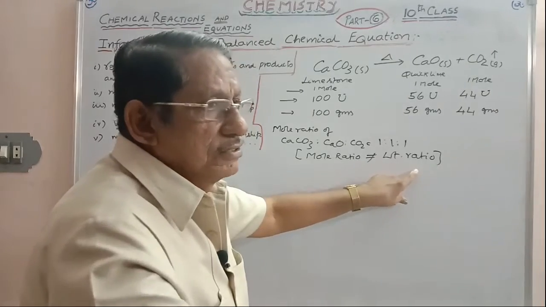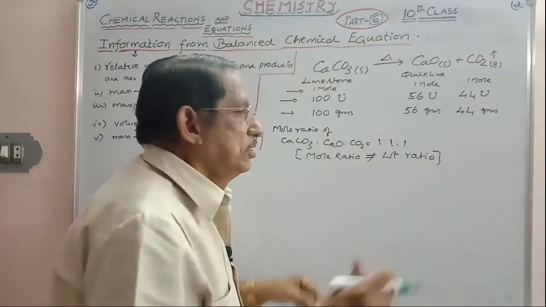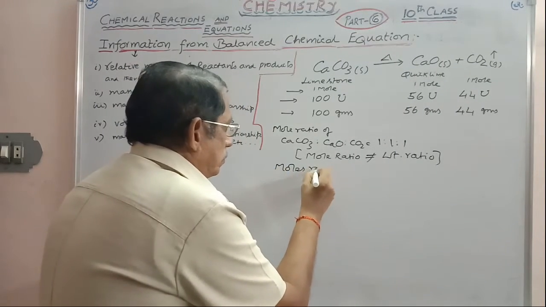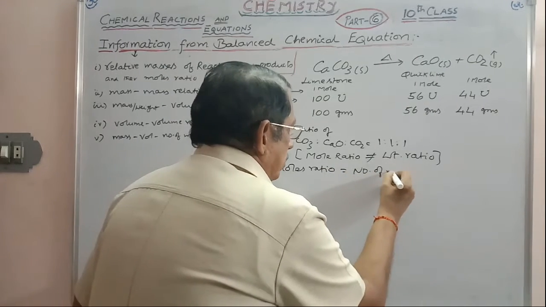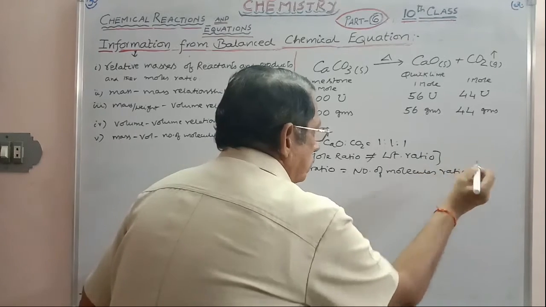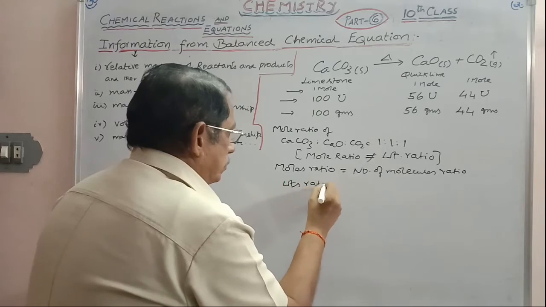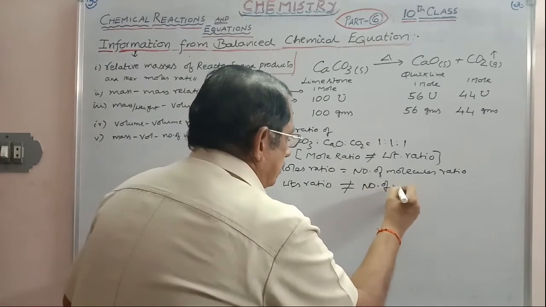Weight ratio is not equal to number of molecules ratio. Moles ratio is equal to number of molecules ratio. Don't forget, moles ratio is equal to number of molecules ratio.